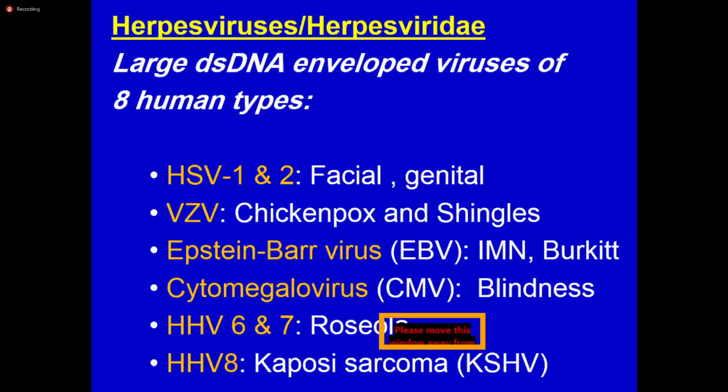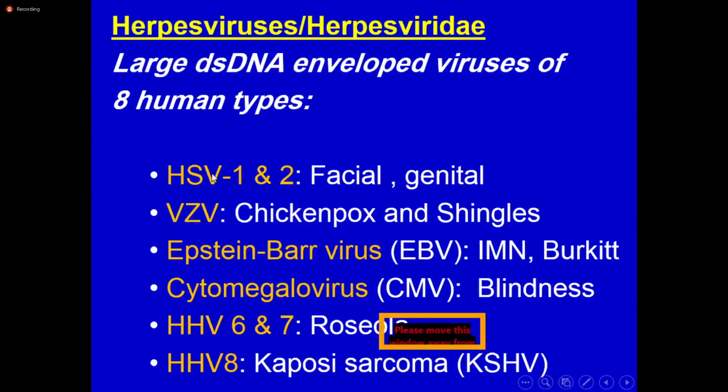So, the herpes family. These are large double-stranded DNA enveloped viruses, and they are of 8 human types. I would like you to know exactly the 8 types.